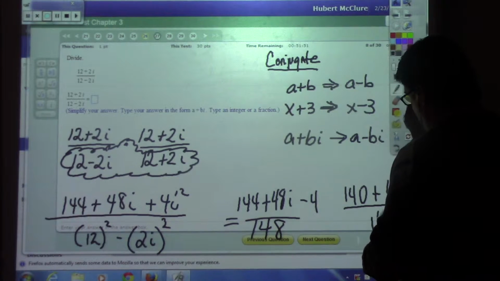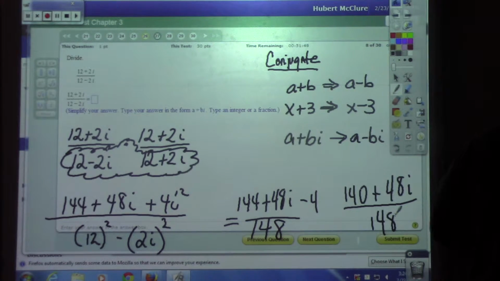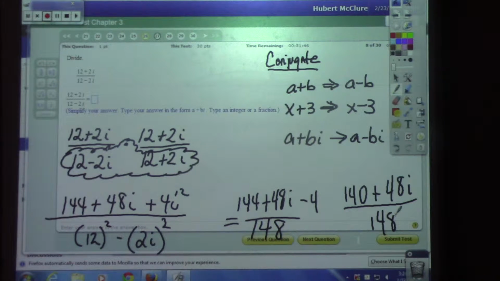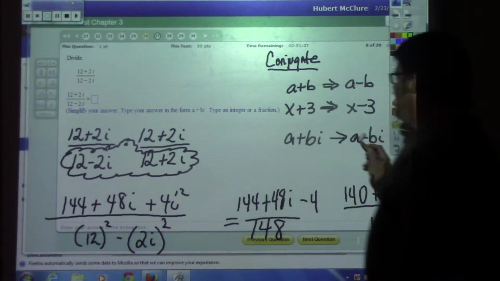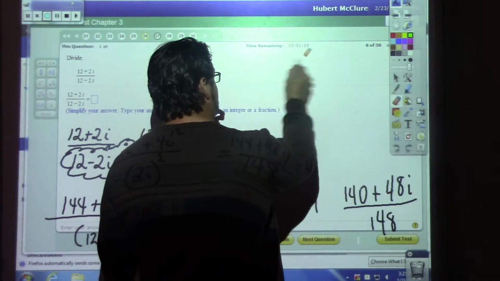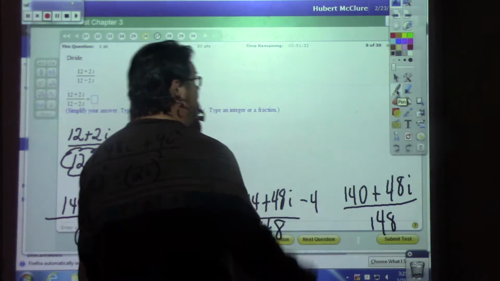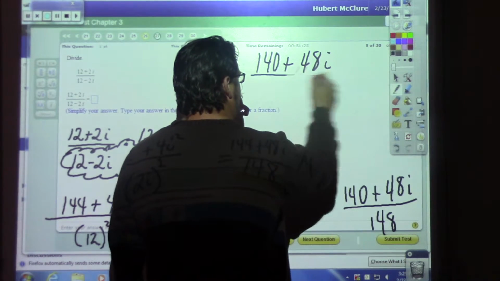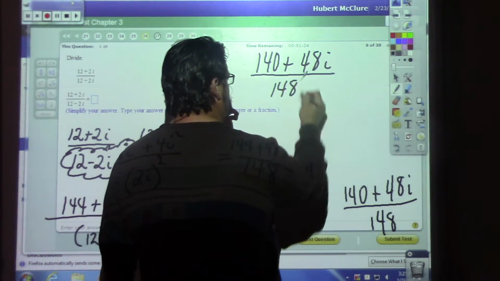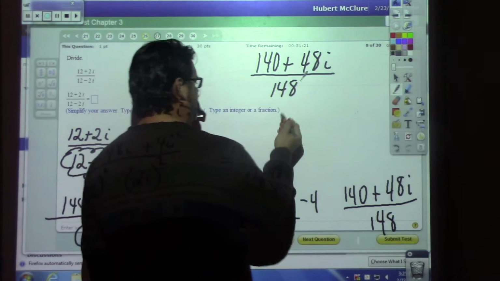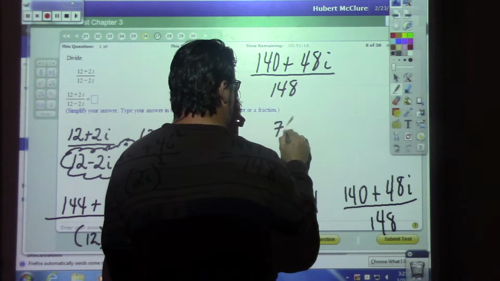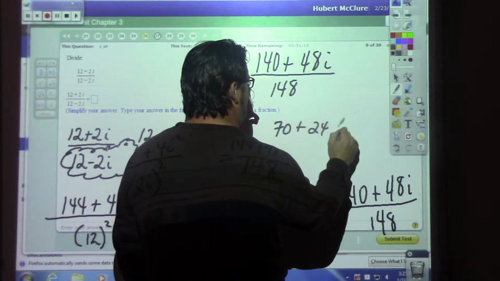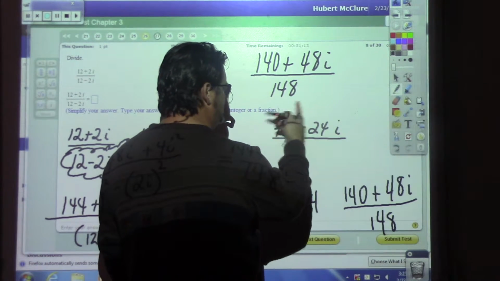140 plus 48i over 148. And can this be reduced? Yes, it can. They're all even. So we can reduce to 70 plus 24i over 74.